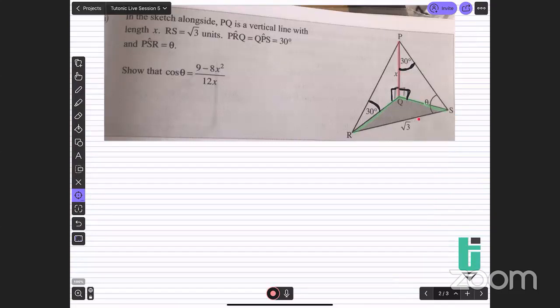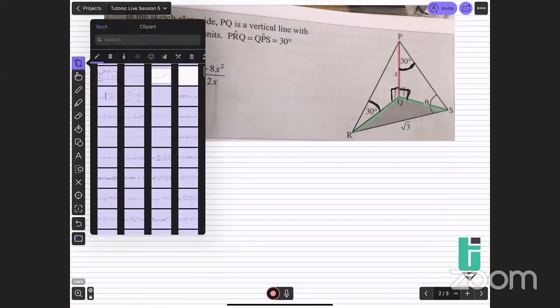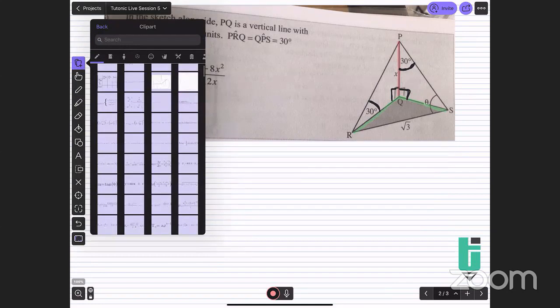So therefore, you're not thinking trig ratios, because the trig ratios only work in 90-degree triangles. So which one is left? Which rule do you know of that you can use? The Cos rule. So do you guys see how you're coming to these conclusions? Do I have one of the Cos rule? There we go.